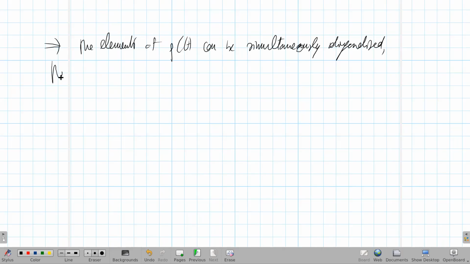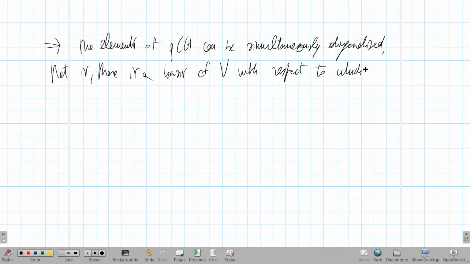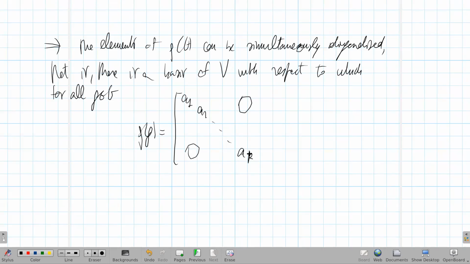That is, there is a basis of V with respect to which, for all g in G, rho(g) is a diagonal matrix. Let me write it simply like that, with n here, okay?